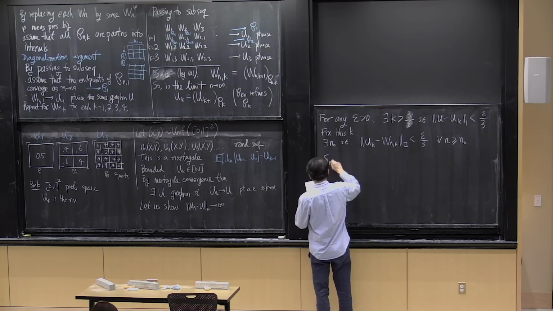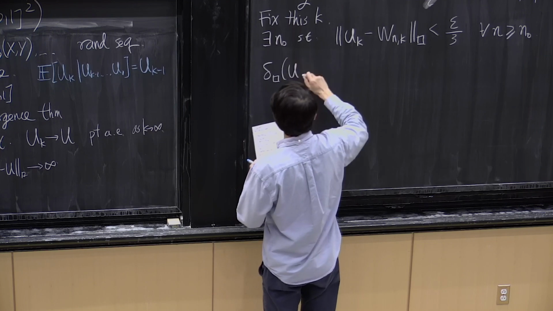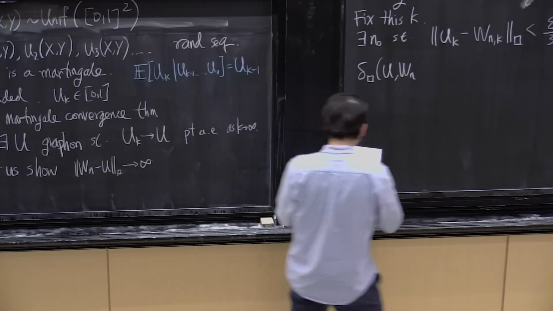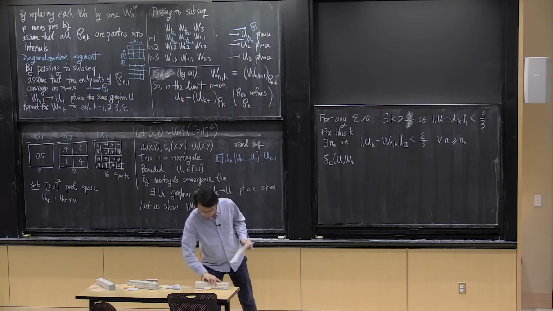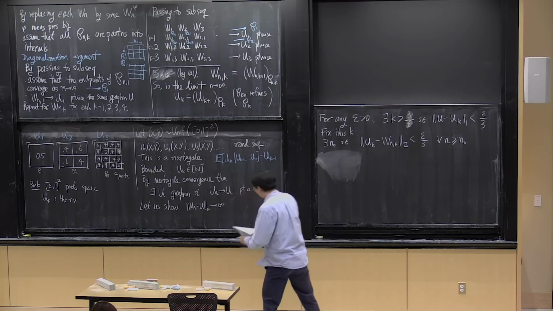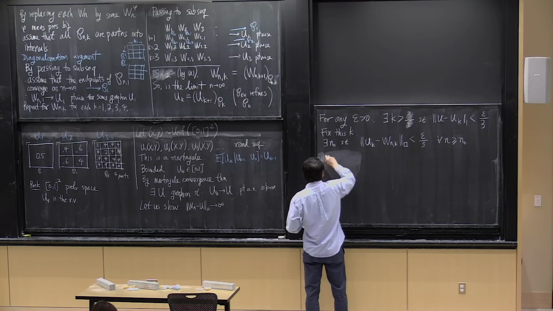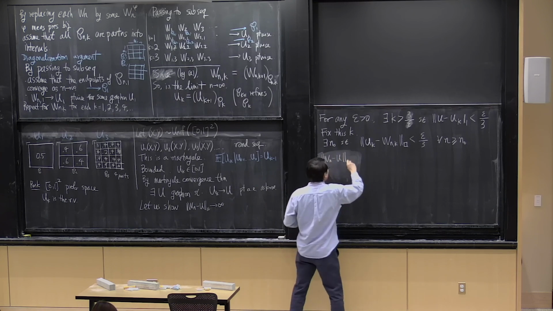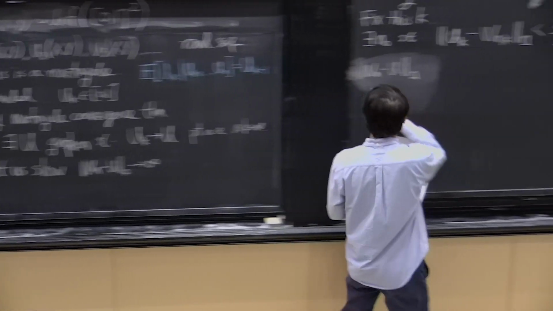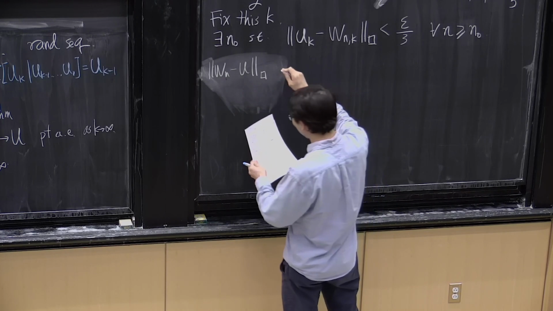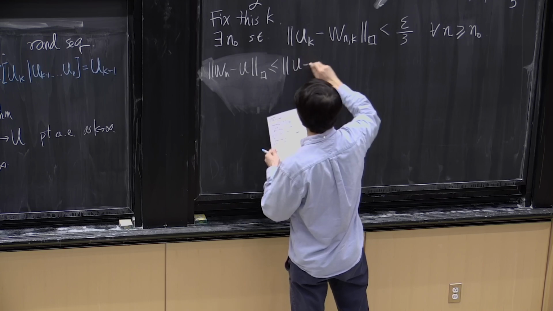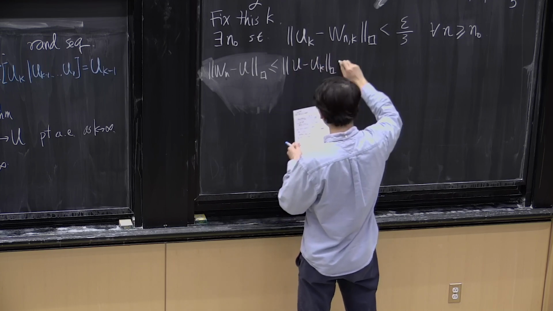So now let's compute the cut norm of the difference between the term in the sequence W sub n and U. By the triangle inequality, the following is true.